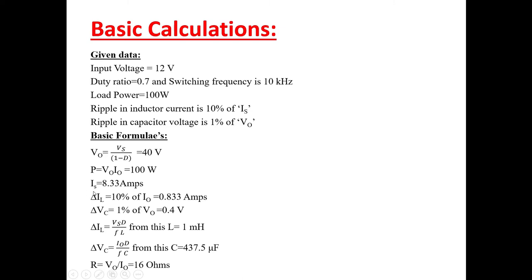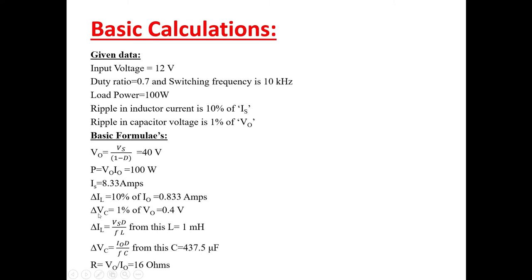So after calculating source current, we can find the ripple current in inductor, that is 10% of source current. Sorry, I made a mistake here. You can keep it as Is, that is 0.833 amps.